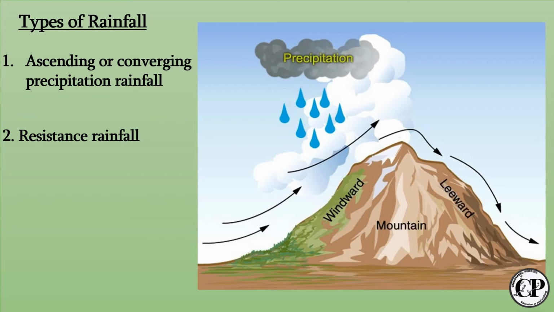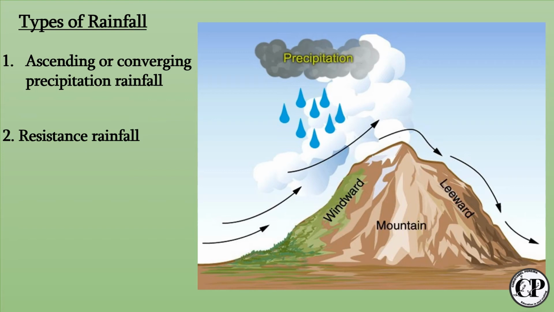After giving rain on the windward side, when these winds reach the other slope, they descend and their temperature rises. Then their capacity to take in moisture increases, and hence these leeward slopes remain rainless and dry. The area situated on the leeward side, which gets less rainfall, is known as the rain shadow area.